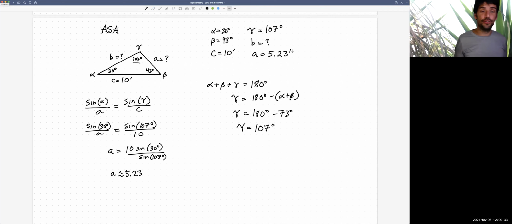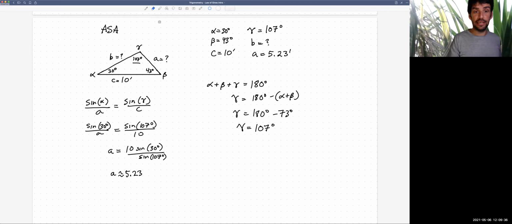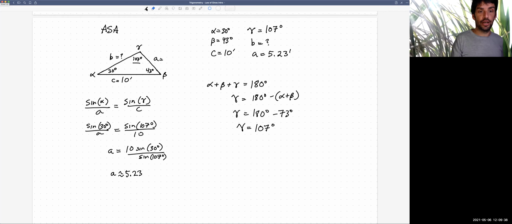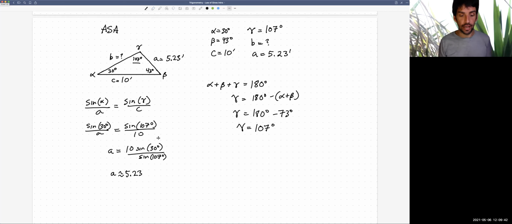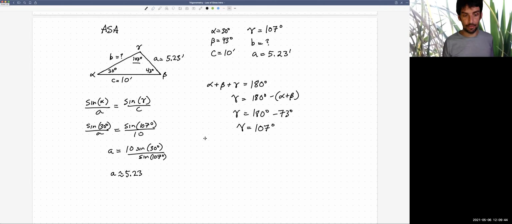And now we can solve for side B in the same way. Just put this in here. Okay, so B will do exactly the same setup.